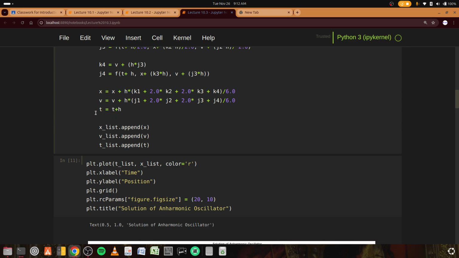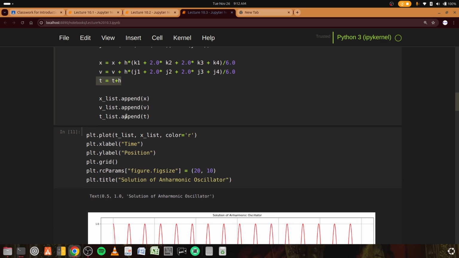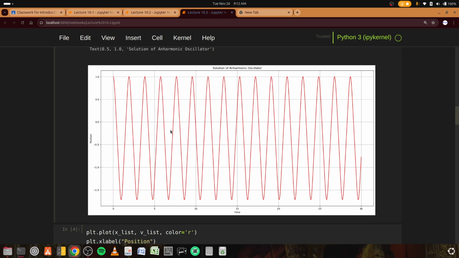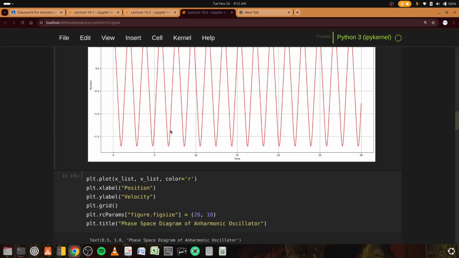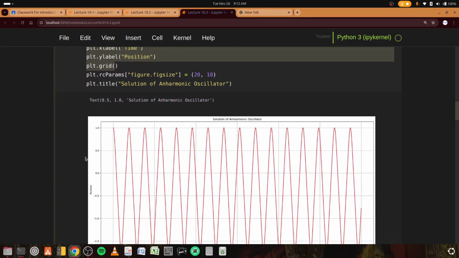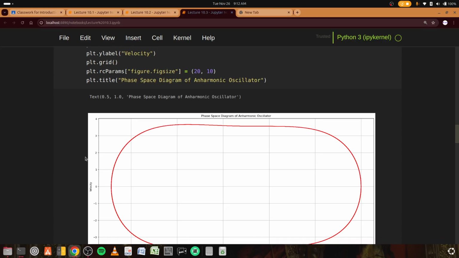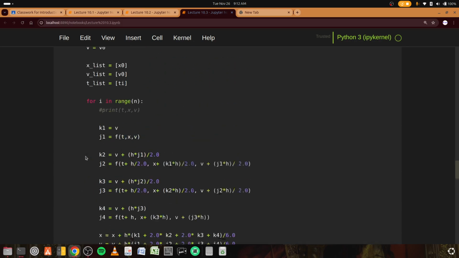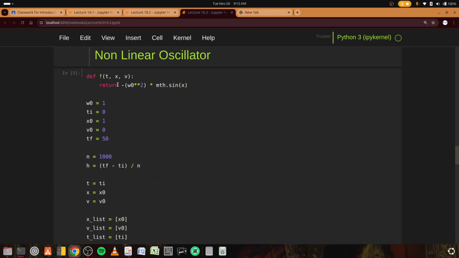You are increasing the time value using the step size, and then print them, and you will get the solution, right? And this is the solution of the anharmonic type differential equation. Similarly, you can also create the solution for the non-linear type differential equation.